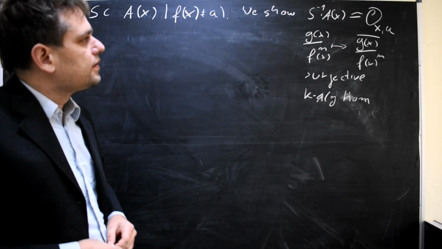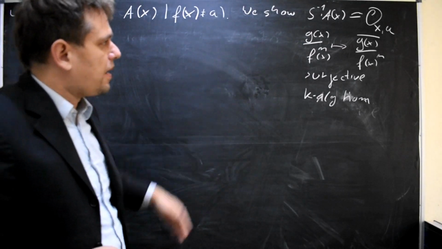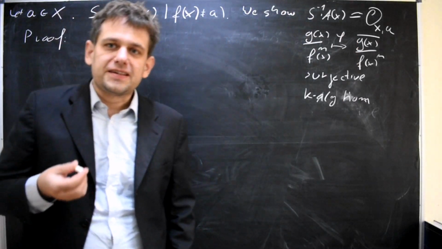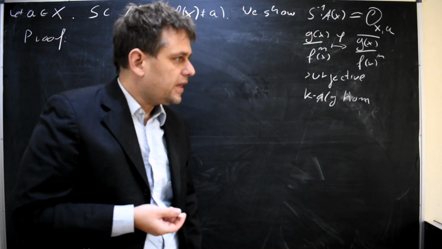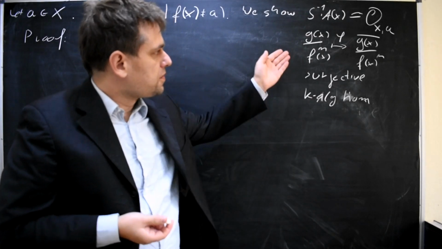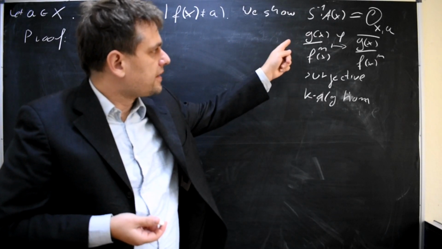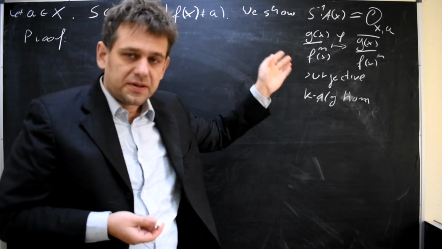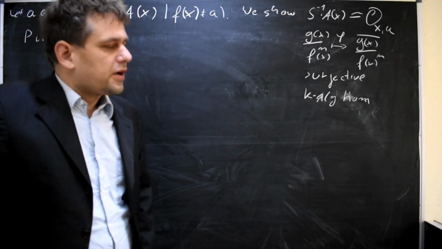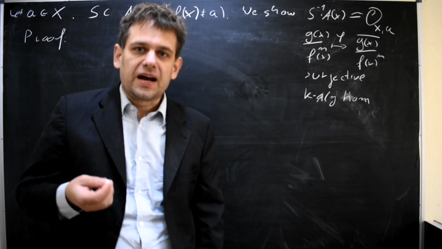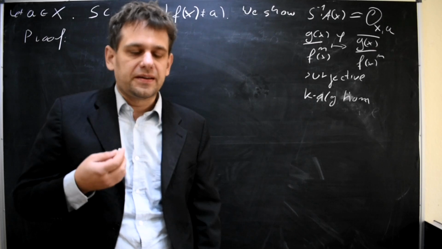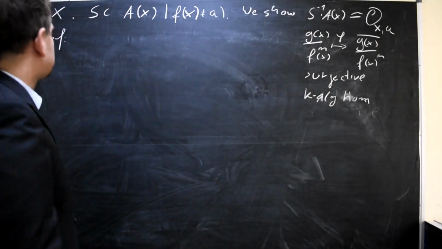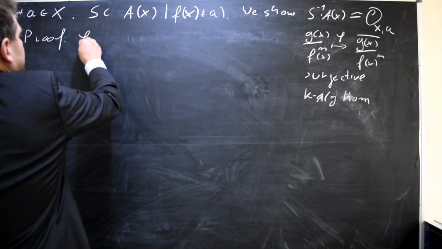So to show that this map, let's call it phi, is indeed an isomorphism, basically we need to do two things. We need to show that this is injective, and since we are dealing with equivalence classes, we also need to check that this is well defined. So maybe let's do well defined first. So phi well defined.